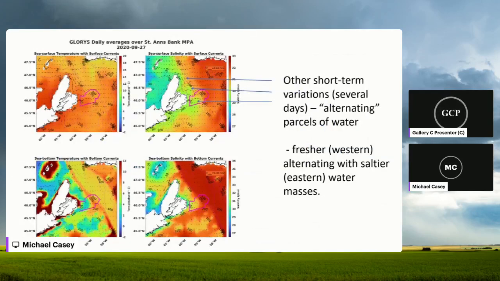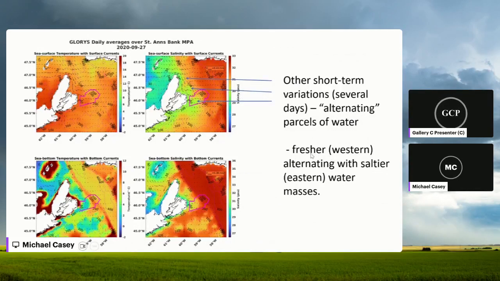But the other short-term variations that we're seeing are basically alternating parcels of water coming down from the competing parcels from the Western Gulf and the Eastern Gulf of St. Lawrence, coming through the Cabot Strait. You see these different blobs. If you watch them in animation, they sort of flow down a bit in a chaotic sort of fashion.